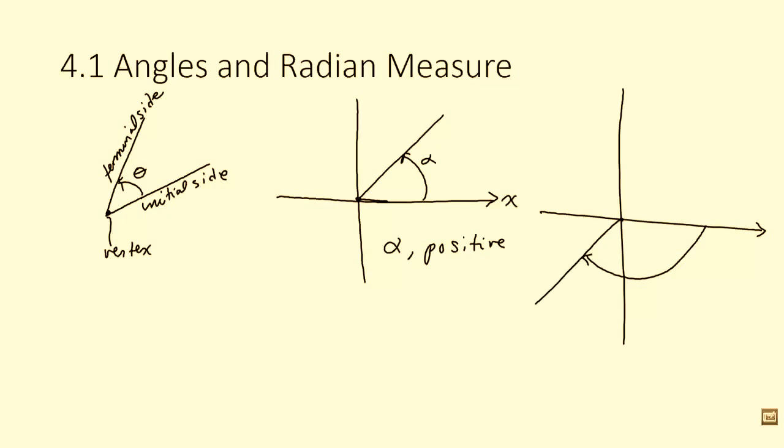This is the terminal side, and let me call this angle beta. Beta is drawn in standard position. Beta is also negative. To generate a negative angle, we move in the clockwise direction.